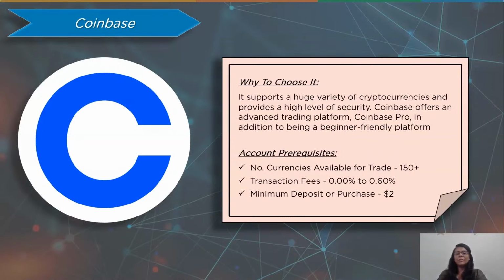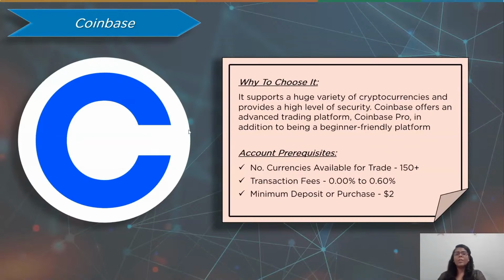It supports a huge variety of cryptocurrencies and provides a high level of security. It's also a wonderful alternative for expert traders because it offers an advanced trading platform, Coinbase Pro, in addition to being a beginner-friendly platform.